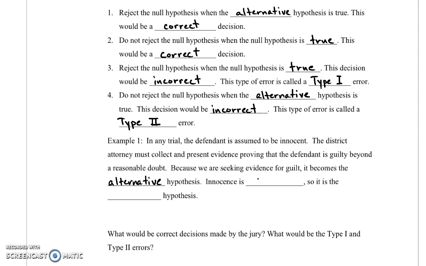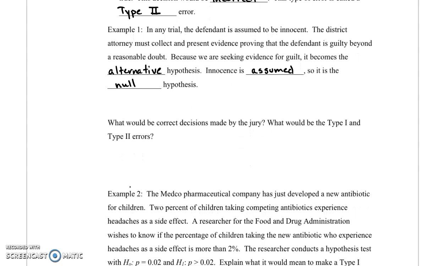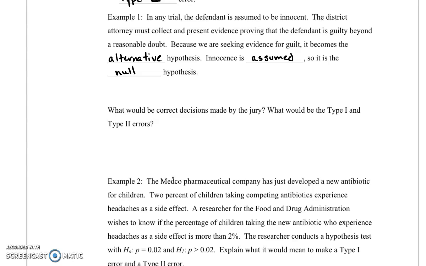And innocence is assumed, so it's the null hypothesis. What would be correct decisions made by the jury, and what would be type 1 and type 2 errors?